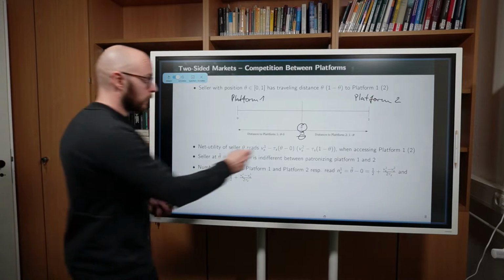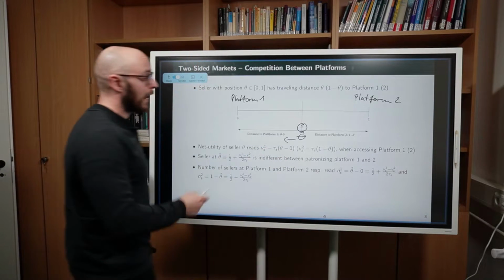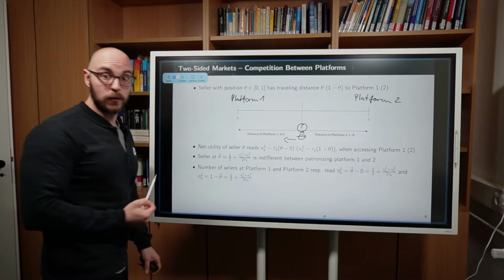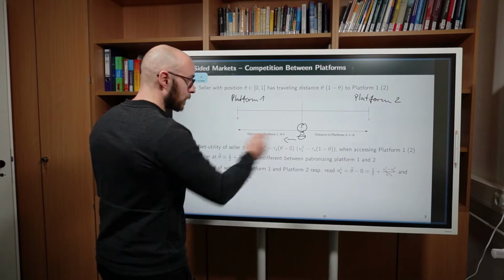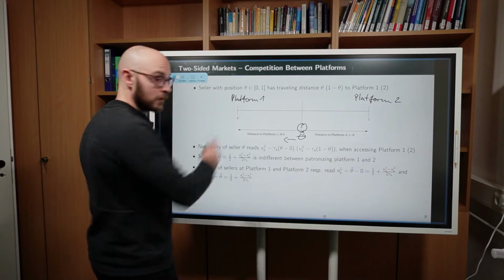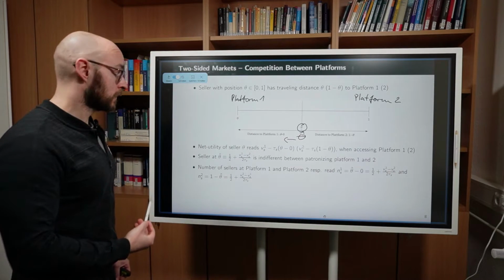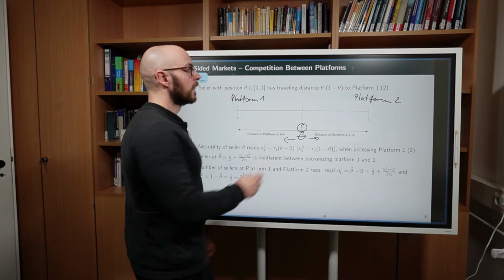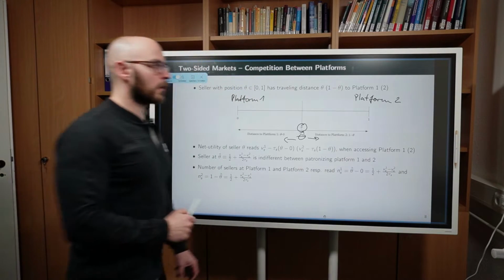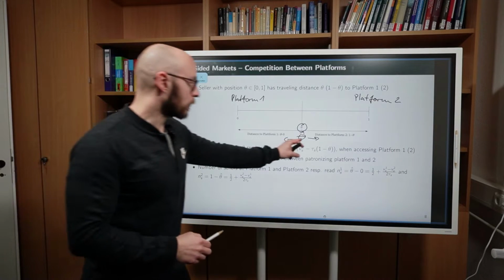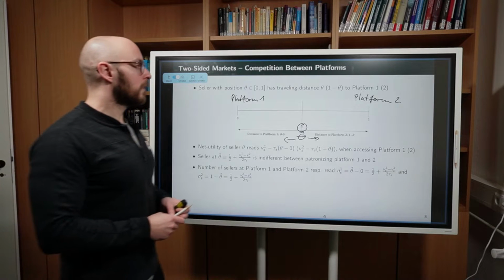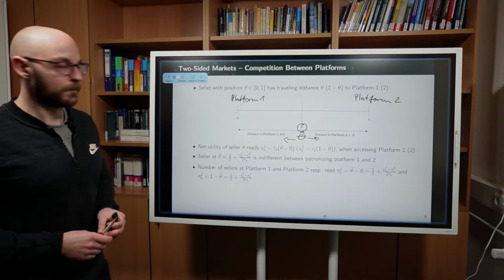So all those to the left of theta hat have a lower transport cost to patronize platform 1. So all the ones to the left of theta hat will go here. They will develop games for Xbox. And all the ones to the right, for them it is closer to develop games for PlayStation, right? So all the ones to the right of our indifferent seller will patronize platform 2, right?